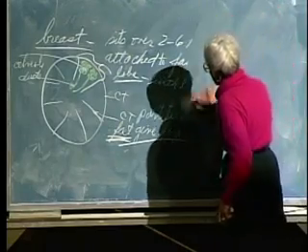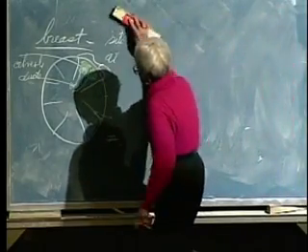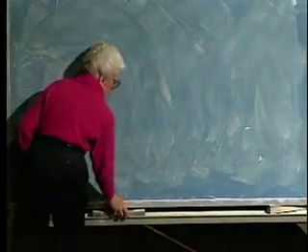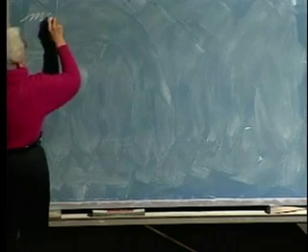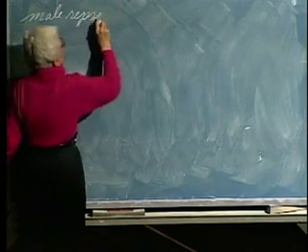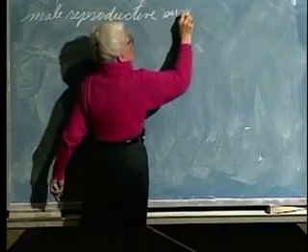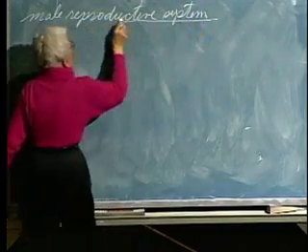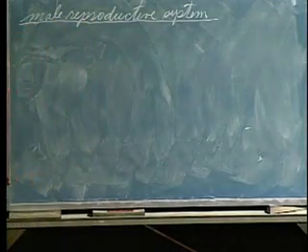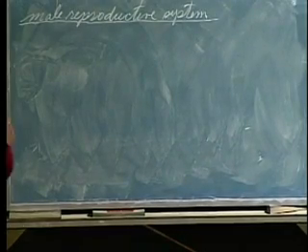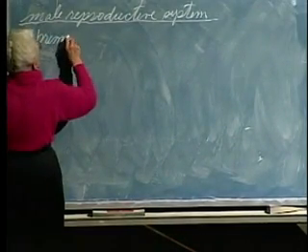All right, let's now look at the male reproductive system. So the primary sexual organ for the male reproductive system is the testis.